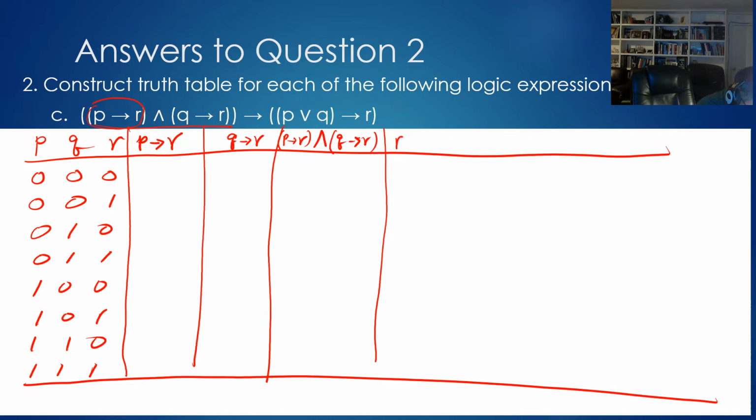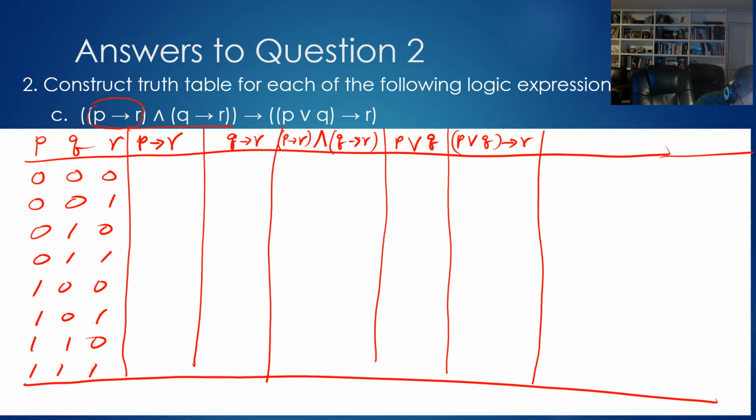We can also build a column for P or Q, and then P or Q implies R. Once we have this expression, we can build the final values for the expression: P implies R, and Q implies R, and P or Q implies R. That's the final result.